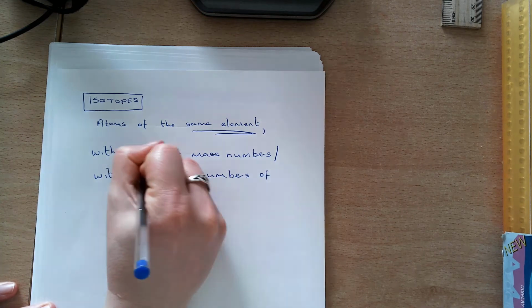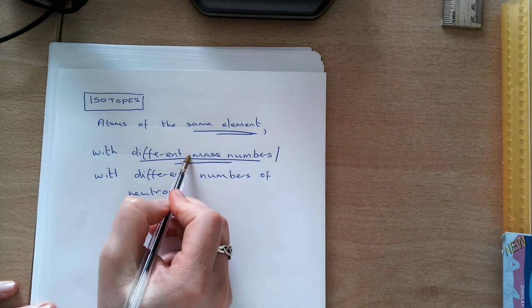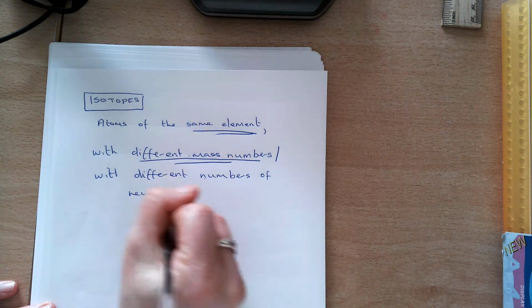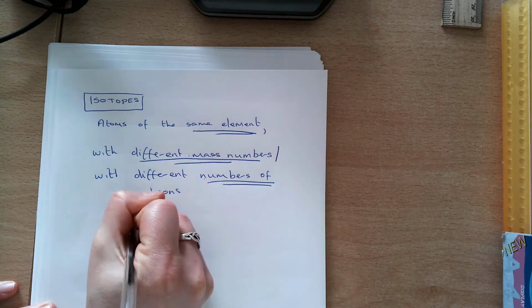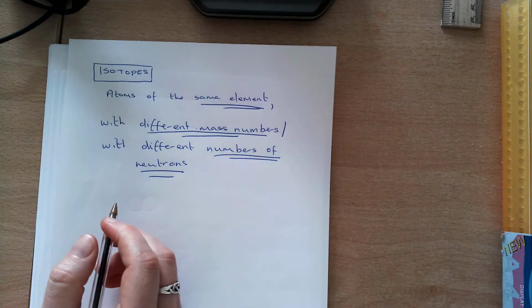Both of those points have to be there, but you have a choice on the second part, where you state with different mass numbers or with different numbers of neutrons. You don't have to state both of those.